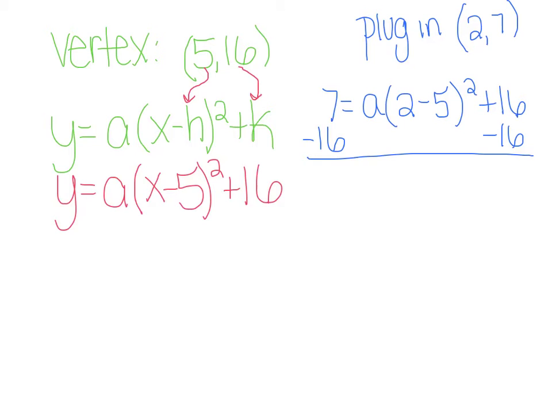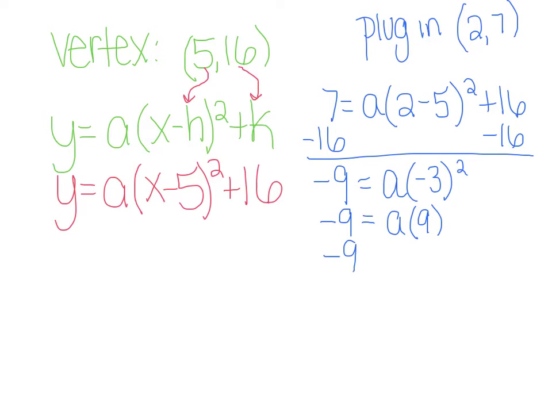What we have is 7 minus 16, which is negative 9, equals a times (2 minus 5), which is negative 3, squared. Well, I have negative 9 equals a times 9, or we can also write this as negative 9 equals 9a. And then I'm going to solve for a by dividing by 9. And what I get is that a equals negative 1.